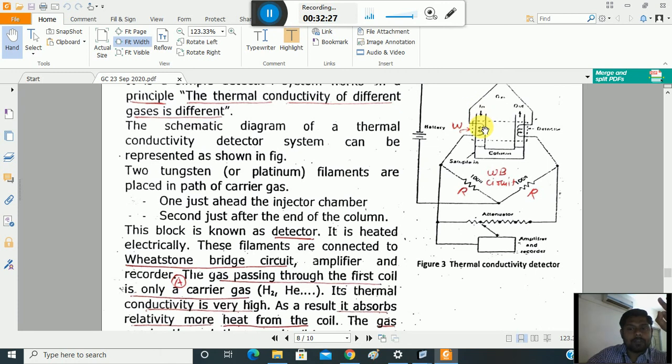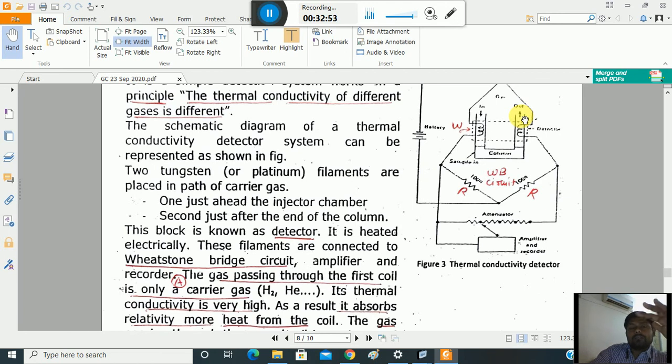The column is set at 100 degrees Celsius, but the thermal conductivity of that mixture is low. Because of that, it absorbs less energy from the column, for example 50 degrees Celsius. So after passing the mixture of gas and sample, your column has a higher temperature, that is 50 degrees. Don't be confused by that.